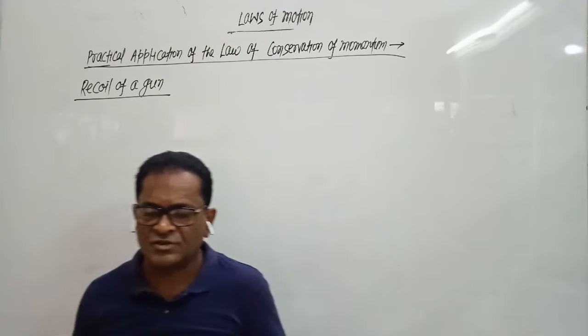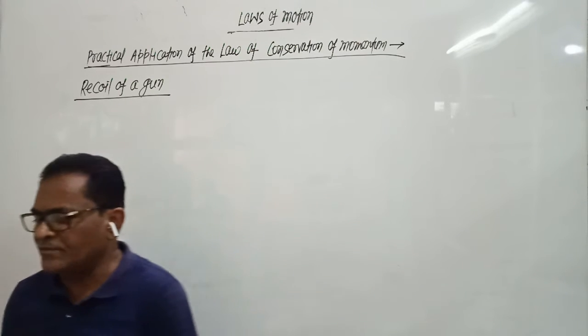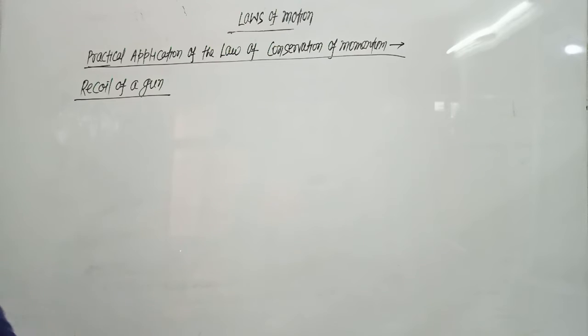So we derive the formula for the velocity of recoil of a gun.